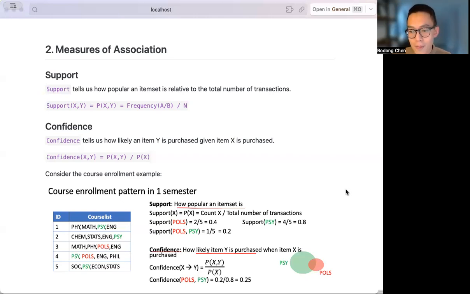If we factor in the frequency or the support of a particular item, we lose some of that confidence, even though this rule can have a high support. If we factor in that variable, we become less confident about this rule.